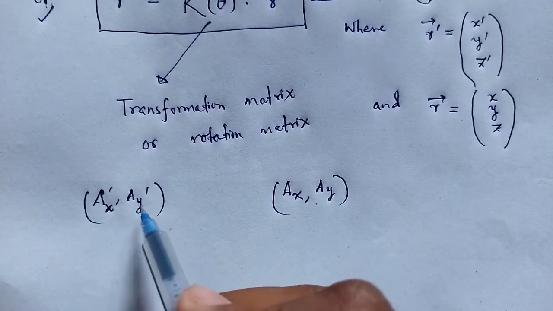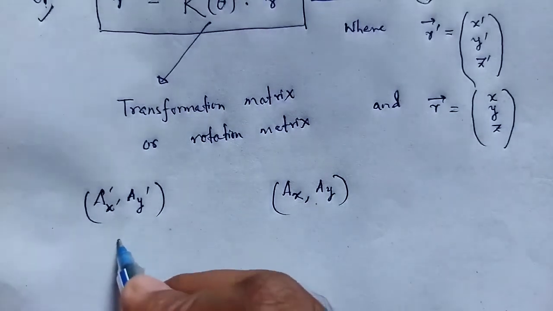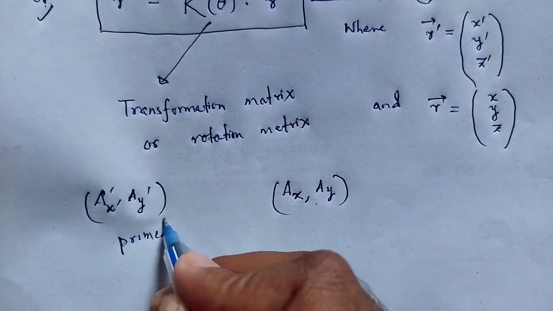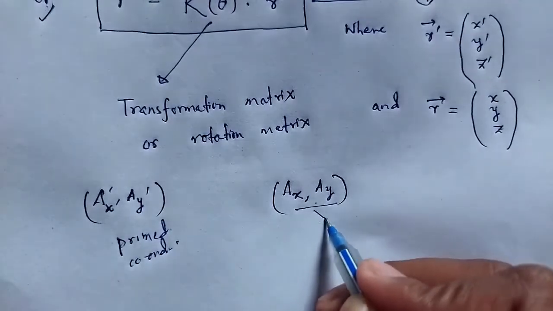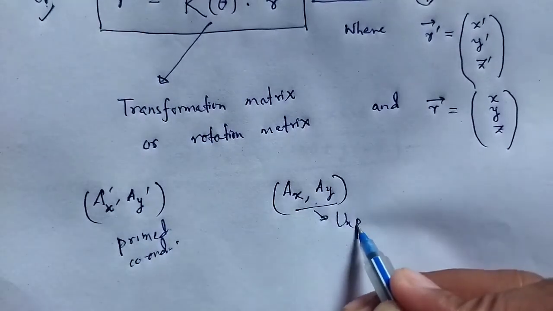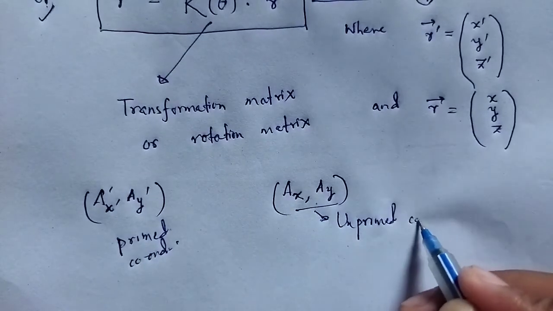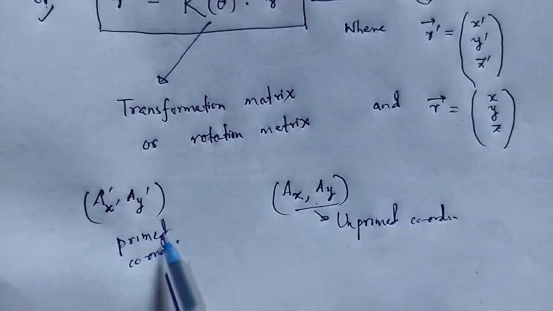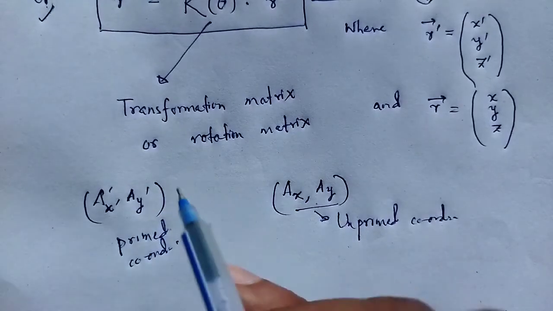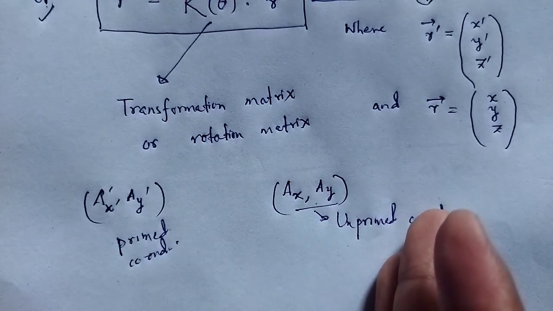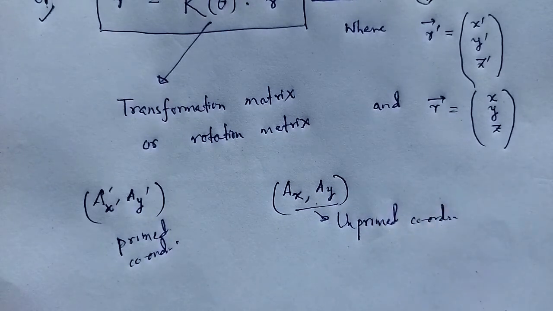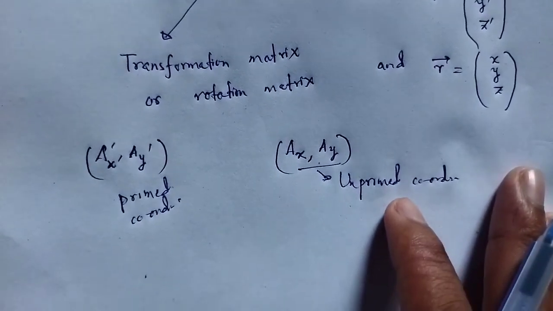These primed coordinates are the result of rotating the unprimed coordinates by an angle theta in the counterclockwise direction.